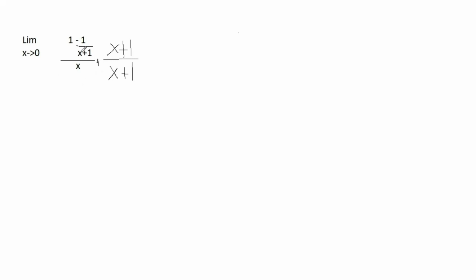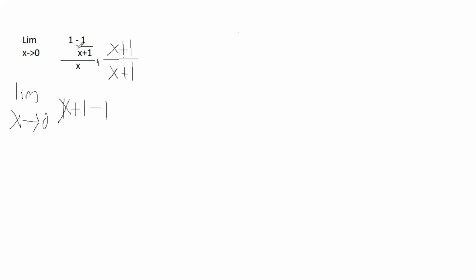Now, we can get rid of this fraction, but we still have to consider how all the other terms are affected. Actually, let me not write that first. I still have to make sure to consider that this is still here. So the limit as x goes to 0, and we have 1, or x plus 1 minus 1.